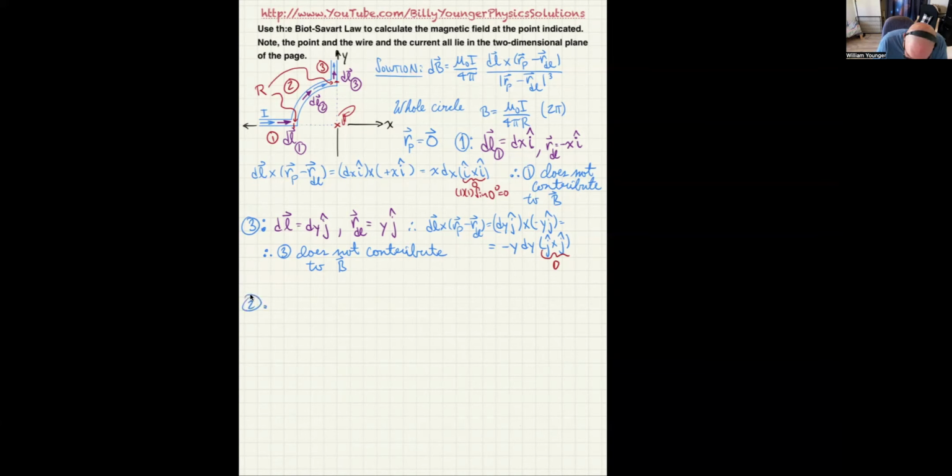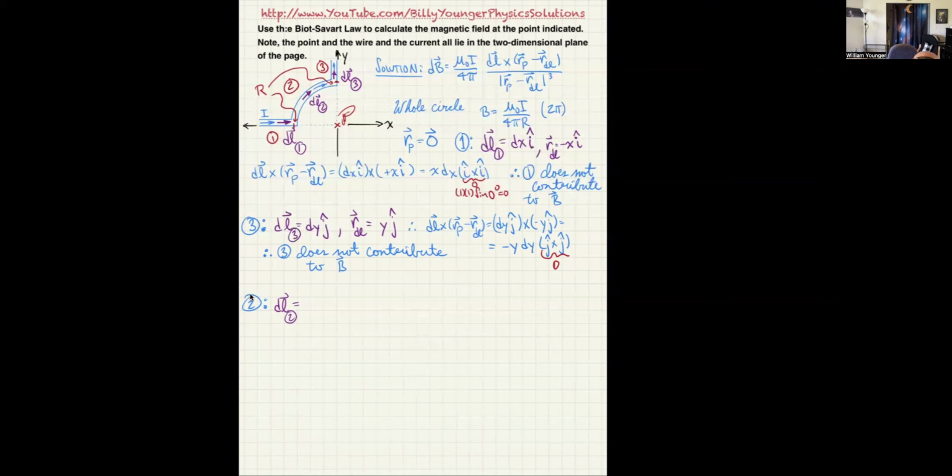And part 2 is a little more straightforward. We've already worked out the details of what dL would be. This is obviously dL's part of a little arc on a circle of radius r. So I'm going to go ahead and say that dL is actually equal to, and this is specifically dL2. Oh, and I should have written 3 on that one as well, and I didn't.